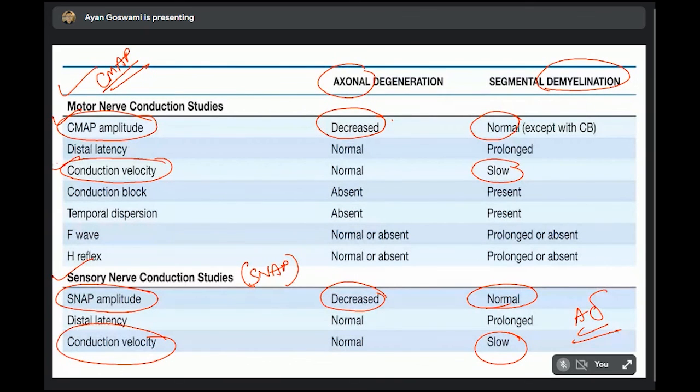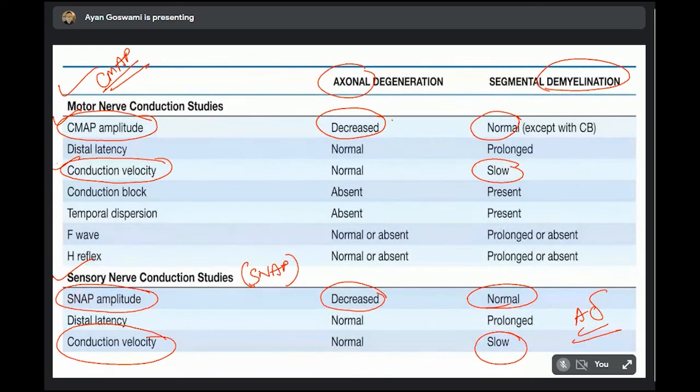After 10 years, my doctor has prescribed me a nerve conduction study, and I am here at Ayush's clinic, and Ayush is performing my nerve conduction study. My median nerve is chosen, and in the motor median nerve study, my CMAP amplitude is decreased, and nerve conduction velocity is slow, right?